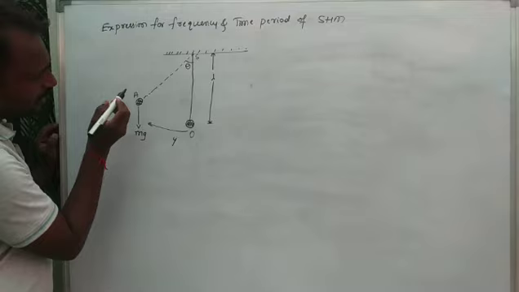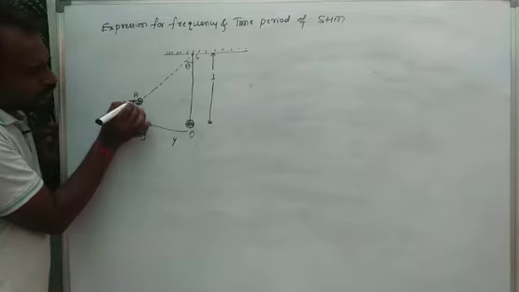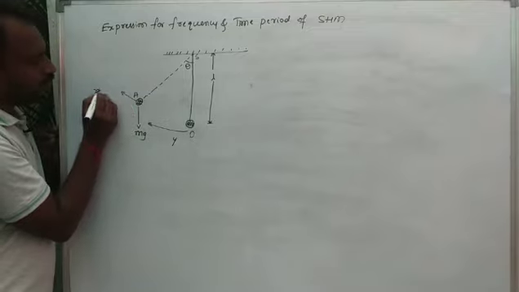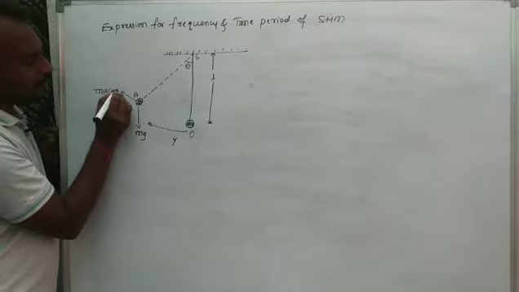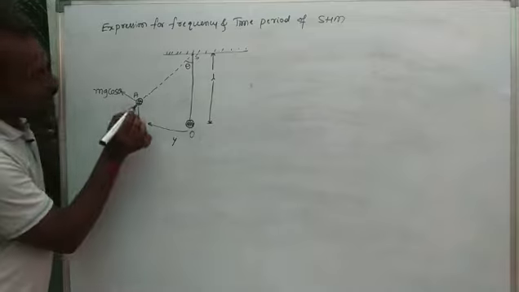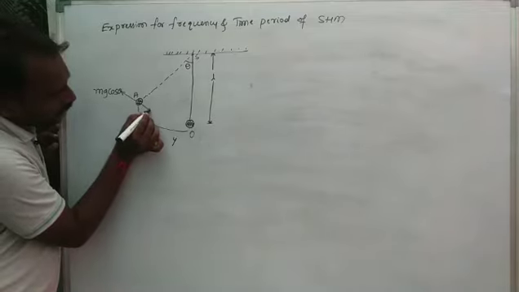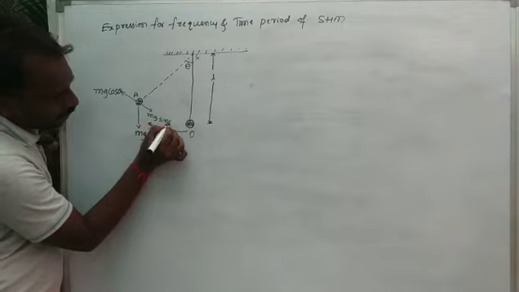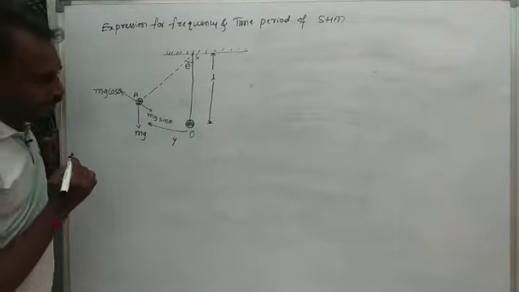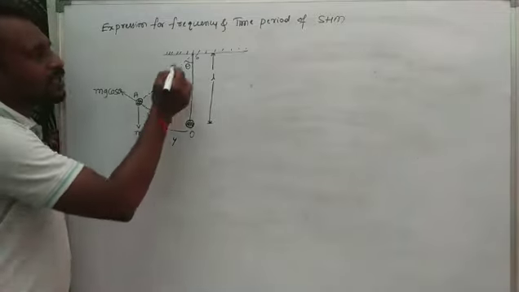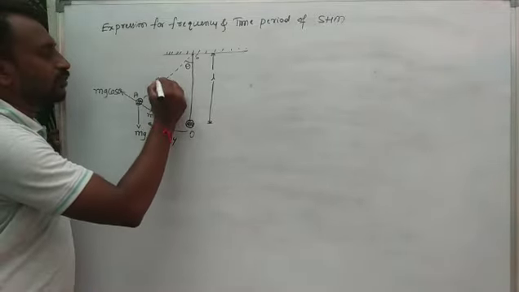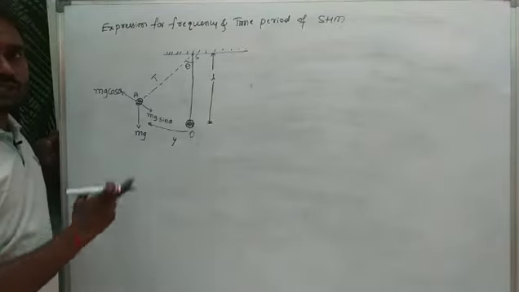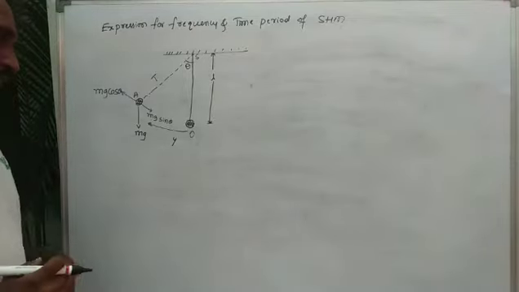When you resolve the force into components according to vectors, we consider mg cos theta in this direction, and in this direction mg sin theta. The force acting along the string is the tension force T.